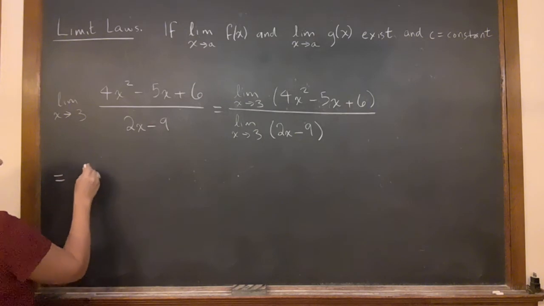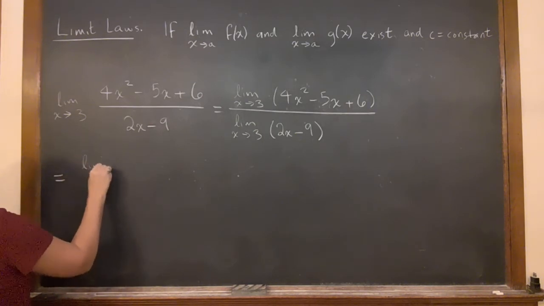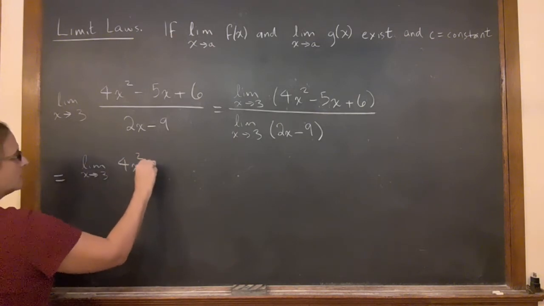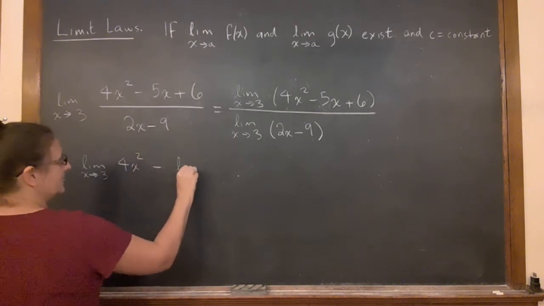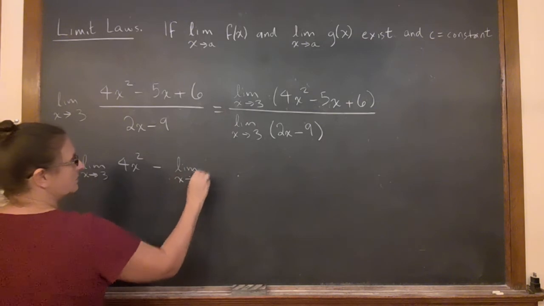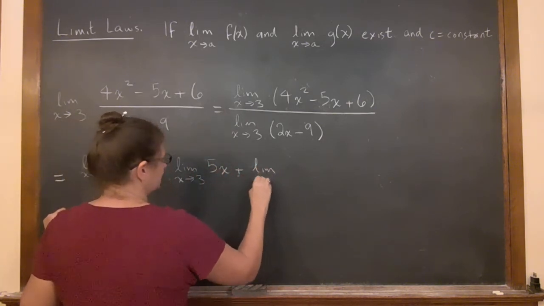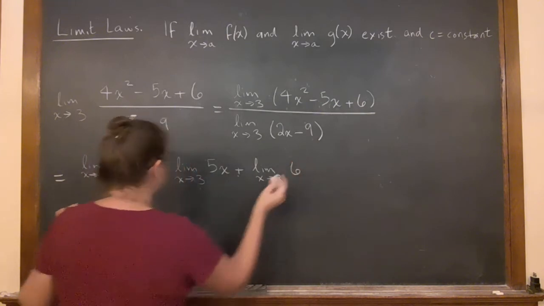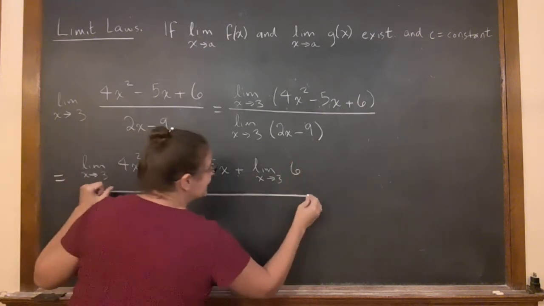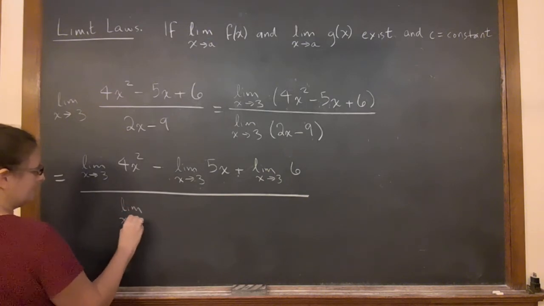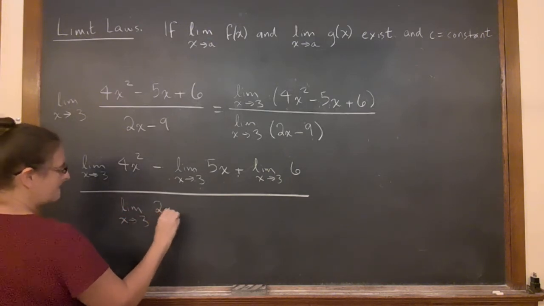So it's going to be limit as x goes to 3 of 4x squared minus the limit as x goes to 3 of 5x plus the limit as x goes to 3 of 6. And then the same thing in the bottom, I'm going to put the limit in front of everything individually.